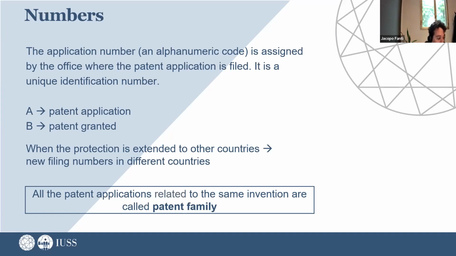All the patent applications related to the same invention are called a patent family, because a technological solution, an invention, can be protected through several patents, since in general you have one patent for one country. When we talk about the several country-based patents protecting the same invention, we call them patent family.